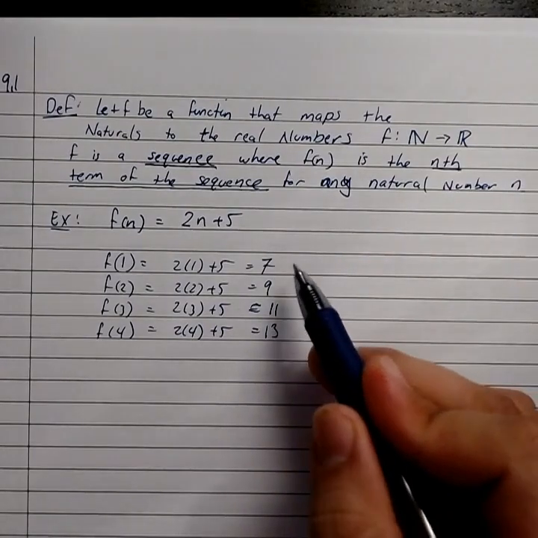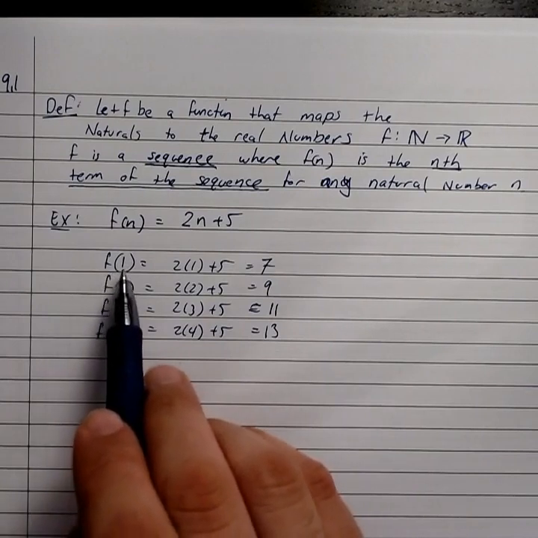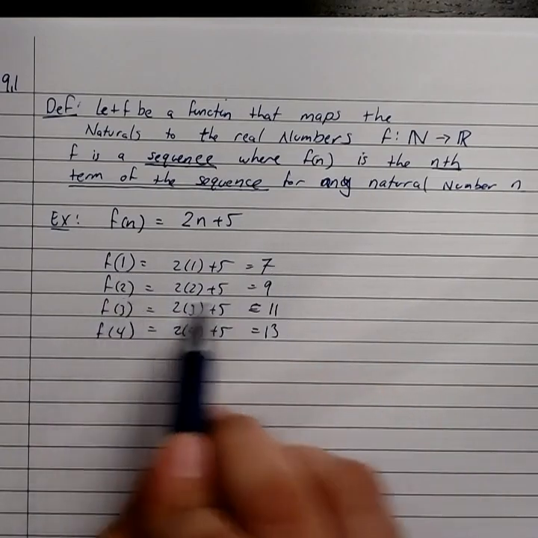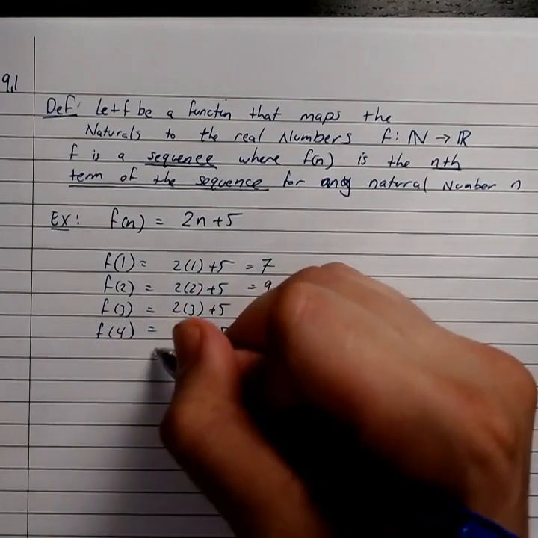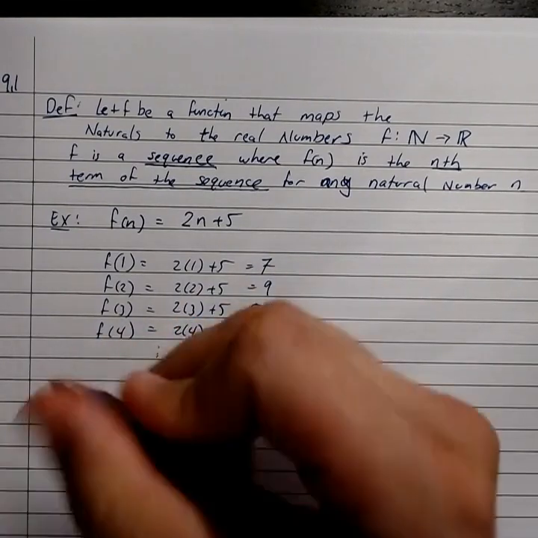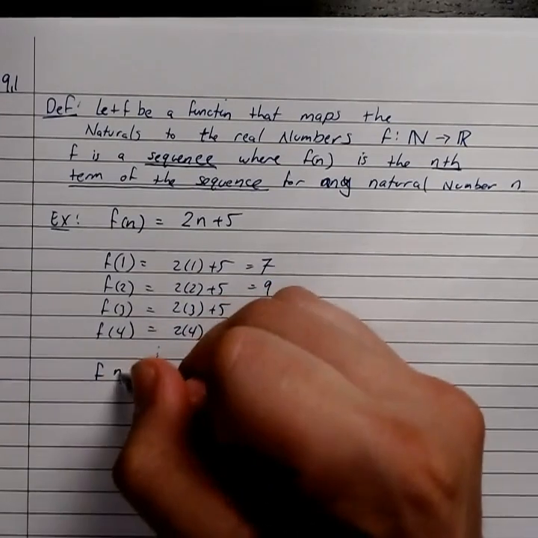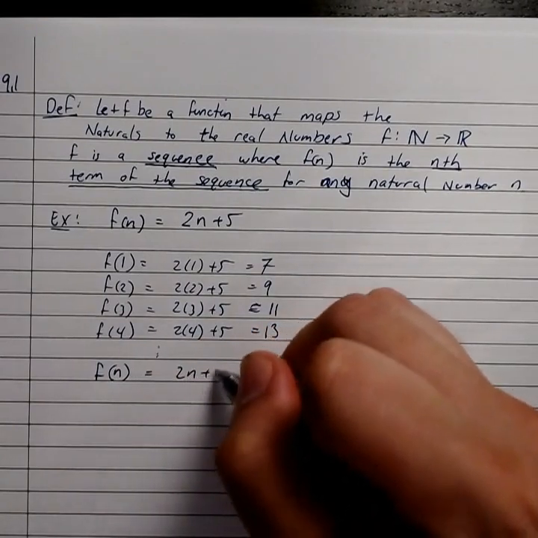So this would be the first term of the sequence because it's the element that we get when we take f of 1. So this is the first element of the sequence, the second element, the third element, the fourth element. When you have an arbitrary element, in other words, you don't know if it's the first, second, third, fourth, fifth, and so forth, well, then the n would be left in place, and this would be 2n plus 5.